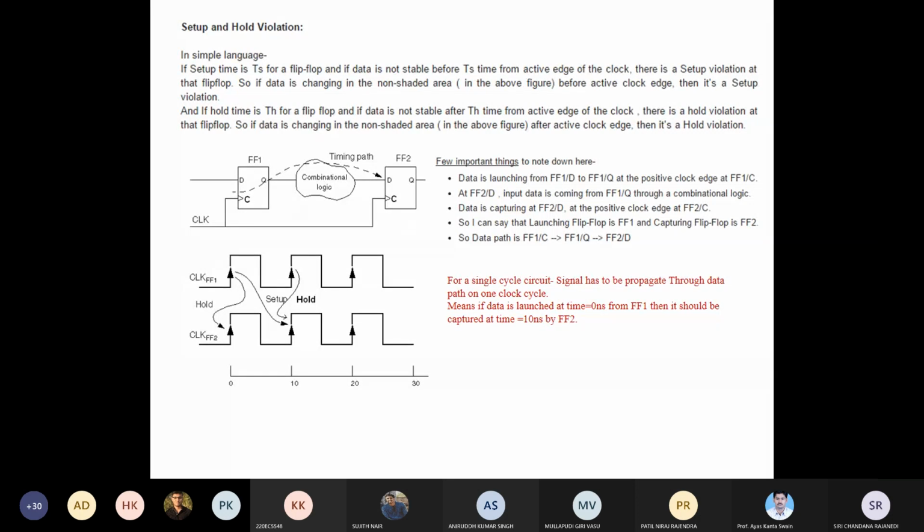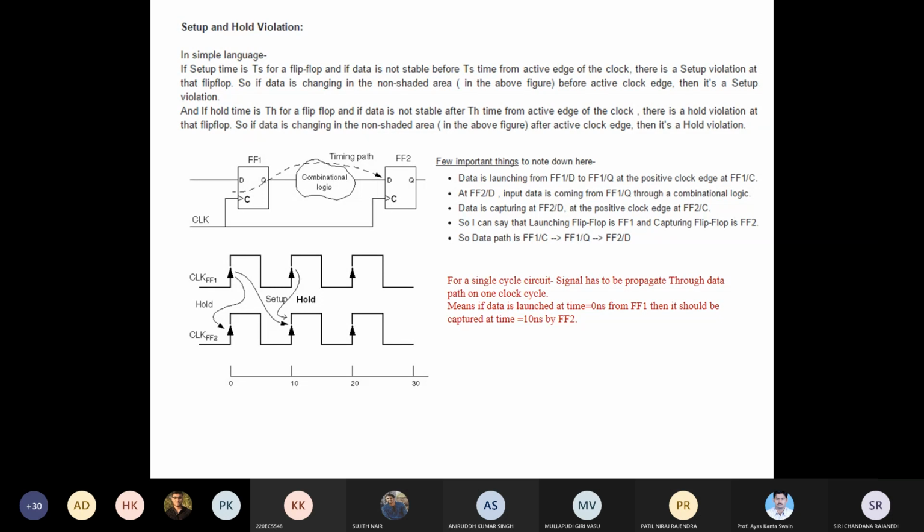Now you can see most of the time in your design, the timing paths will consist of two flip-flops. There may be many flip-flops, but if you divide the whole design into small portions, you will find at least flip-flop one, and some combinational circuit in between where your actual computation happens.